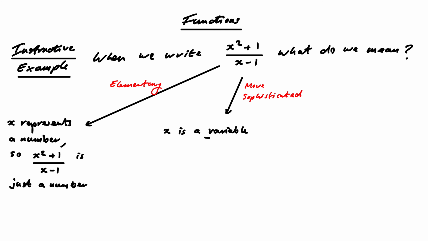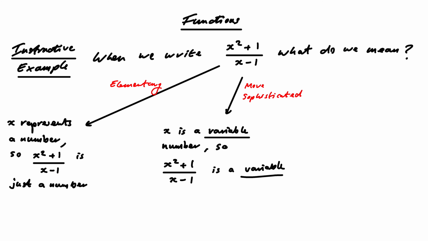Okay, so what does that mean? This expression isn't just some fixed number. It's a lot of potential numbers. It itself is a variable number. It can vary.